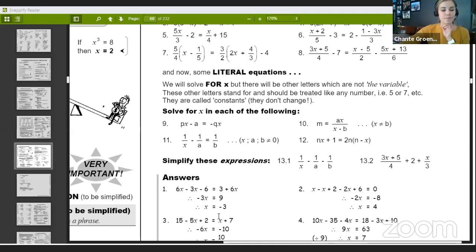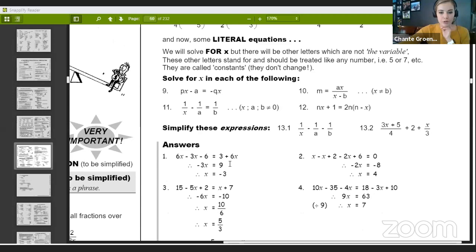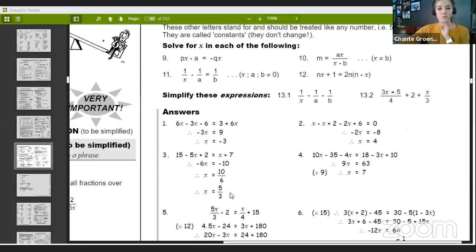Okay, let's do number 3. Number 3, your answer should be x is equal to 5/3. Did you guys get that? Oli, you don't understand? Rabia, you also don't understand. It's fine. Okay, Ollie says, I got that.